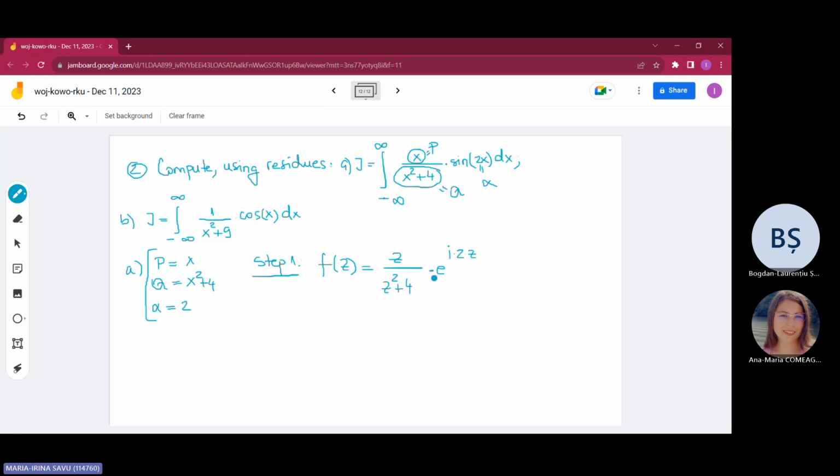Q is z squared plus 4, and alpha is 2. Step 1: f of z is p over q times e to the i times alpha times z. This function: p was z, q is z squared plus 4, and this is e to the i times 2 times z.